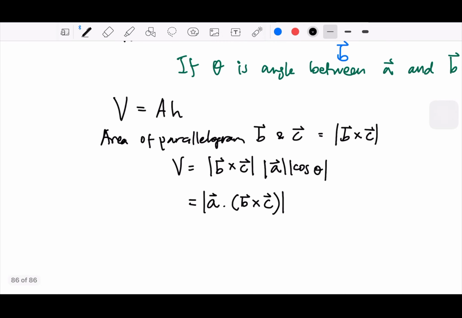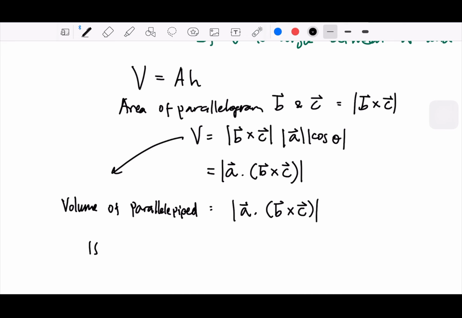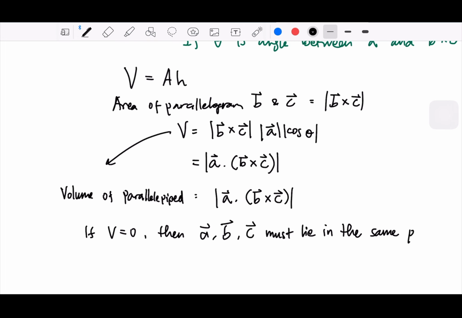So the volume of the parallelepiped is equal to A dot B cross C. And if the volume is 0, then A, B, and C must lie in the same plane. Or we call this coplanar.